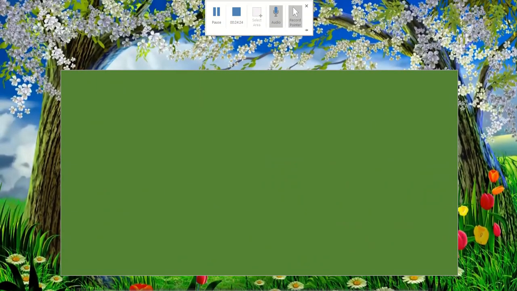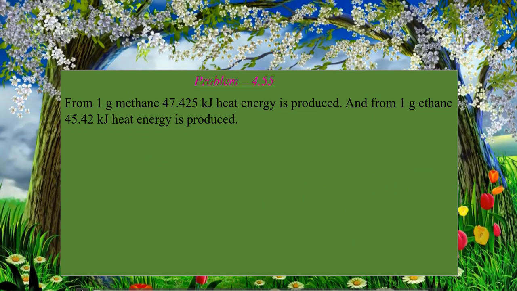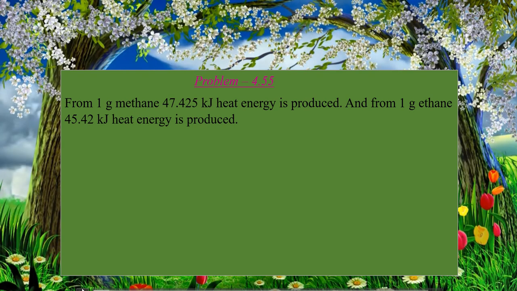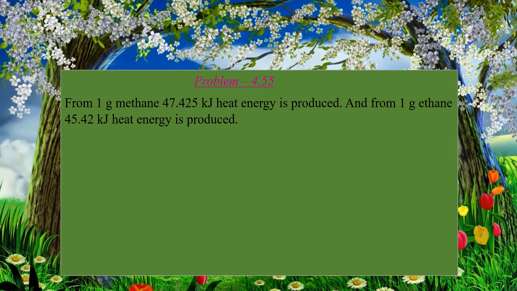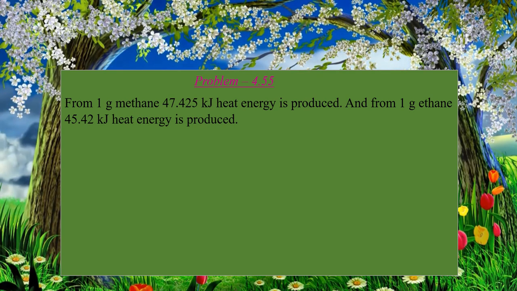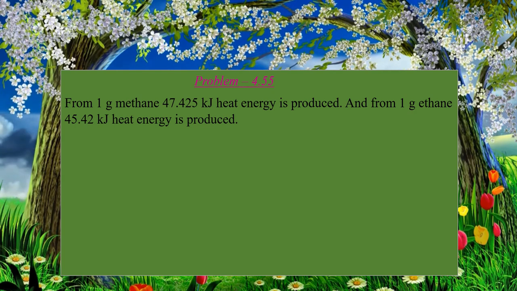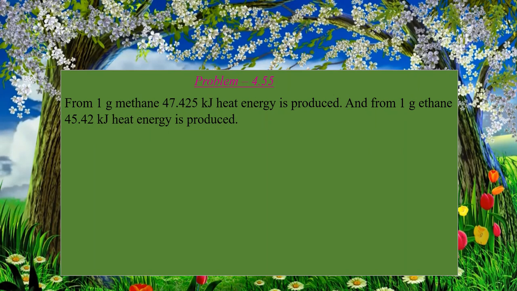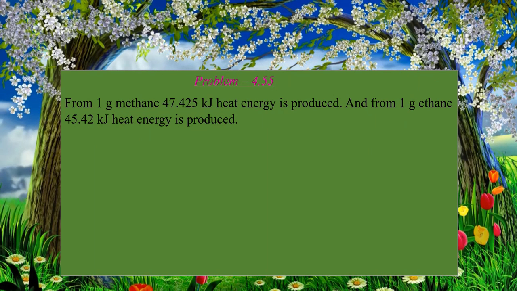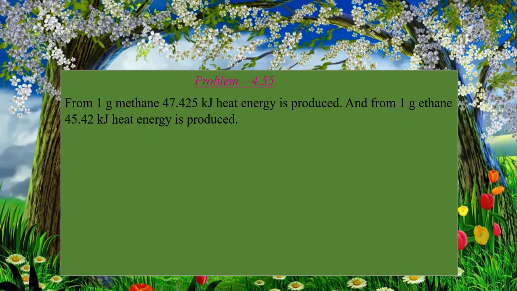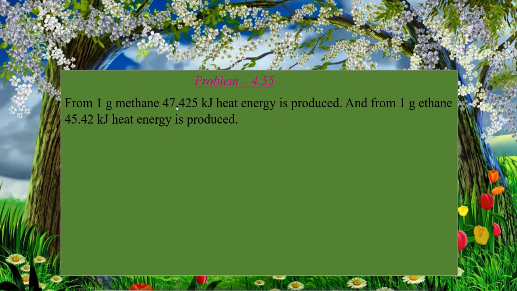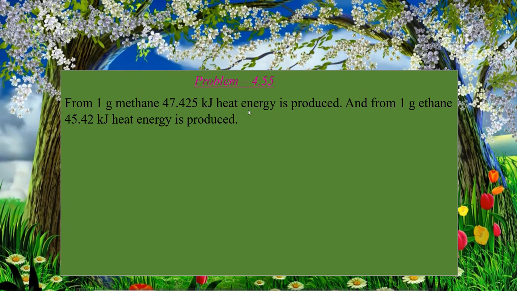Now, from 1 gram methane, 47.425 kilojoule heat energy is produced, and from 1 gram ethane, 45.42 kilojoule heat energy is produced. Dear students, have you any question? We get heat of combustion minus 47.425 kilojoule per gram. But here we have written 47.425 kilojoule heat energy.